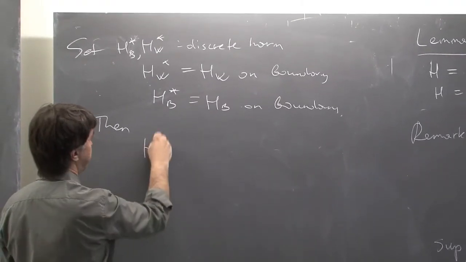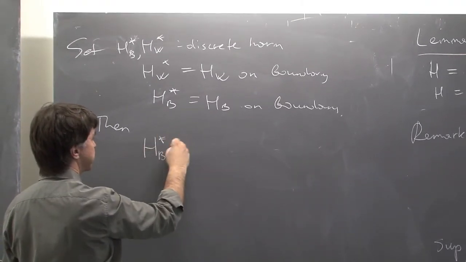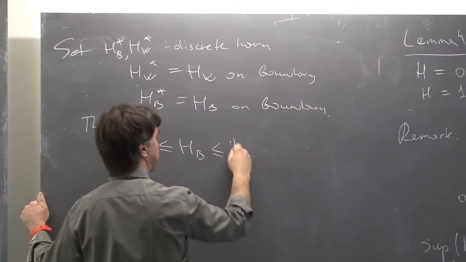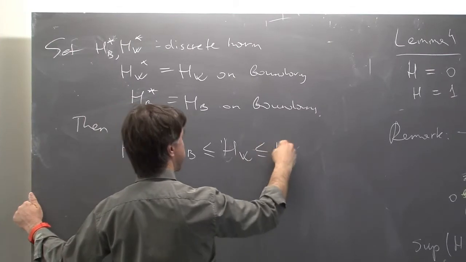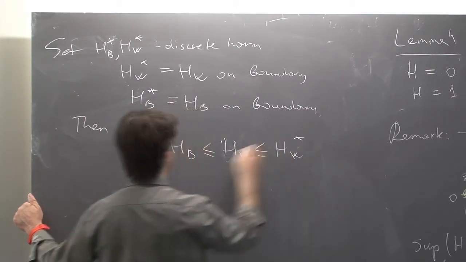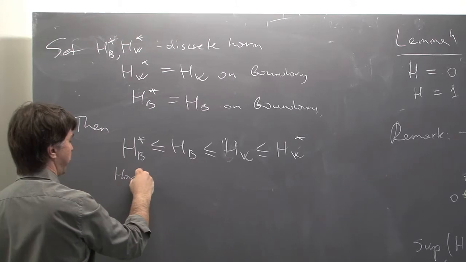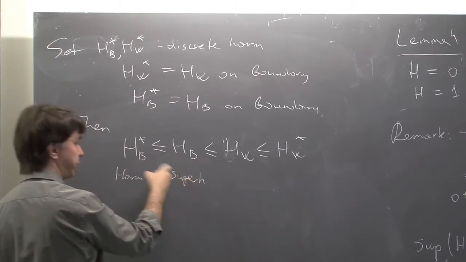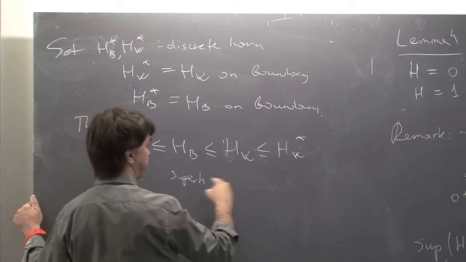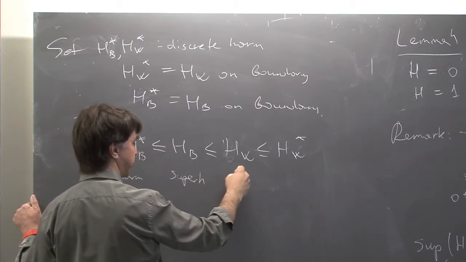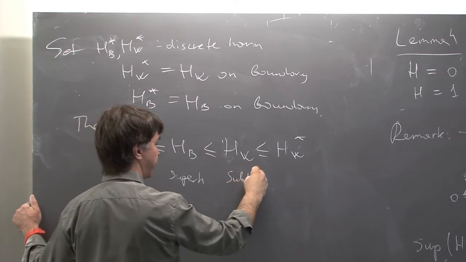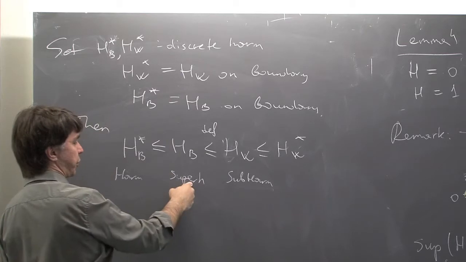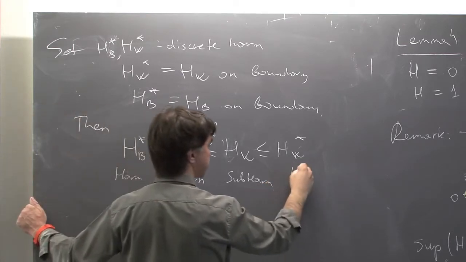Then we get that HB star is at most HB, which is at most HW, at most HW star. This is because HW is superharmonic, so it's bigger than harmonic. Now this is by definition smaller than this one. This is because superharmonic is bigger than harmonic, and this is smaller than harmonic.